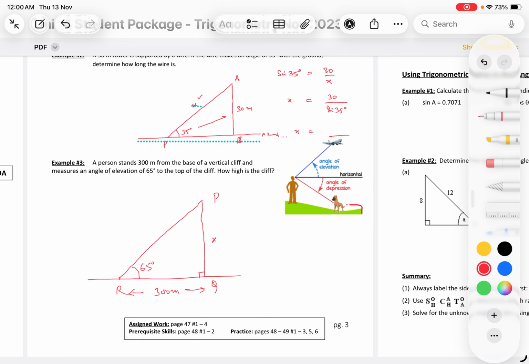Now here this is the opposite side. This is the adjacent side. What is opposite upon adjacent? Opposite upon adjacent is tan theta. So it is tan 65 degrees. Therefore x equals 300 times tan 65 degrees. And if I pick up my calculator, let me tell you the answer.